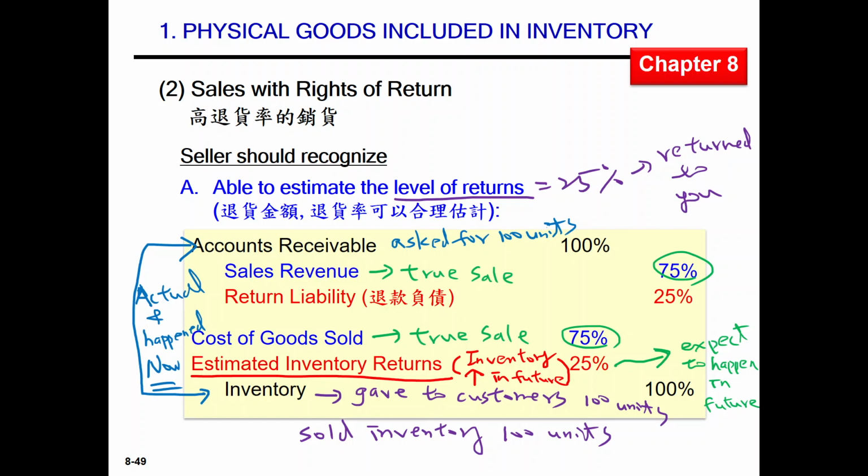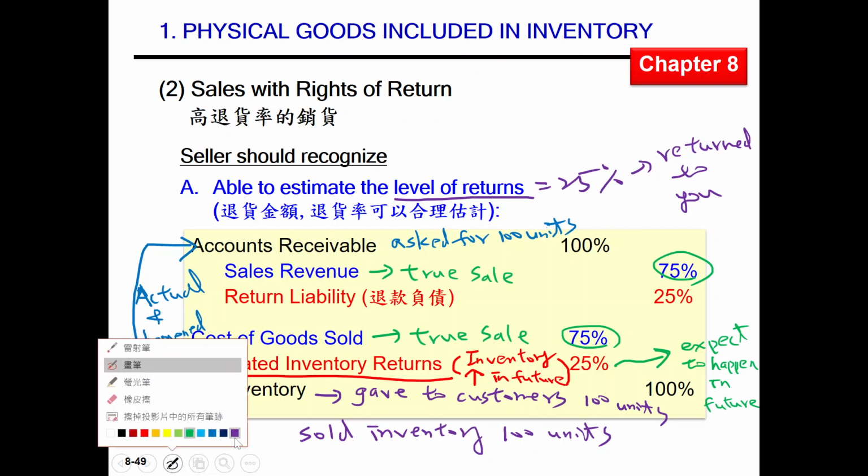So what's that? If the customer returns the inventory back to you, then we have to return some money back to them, right? So that's why we have the return liability incurred. What does a return liability incurred mean?